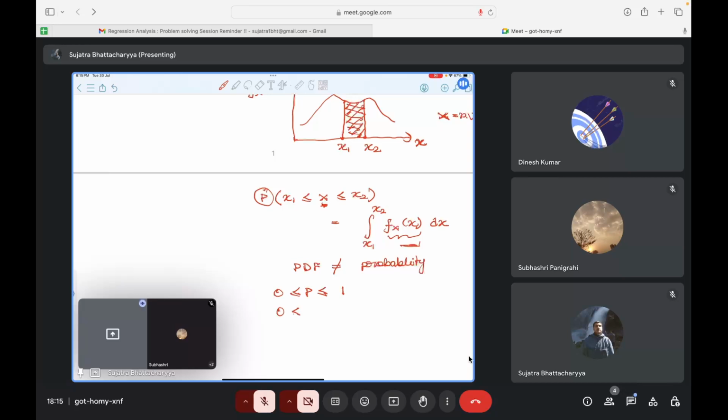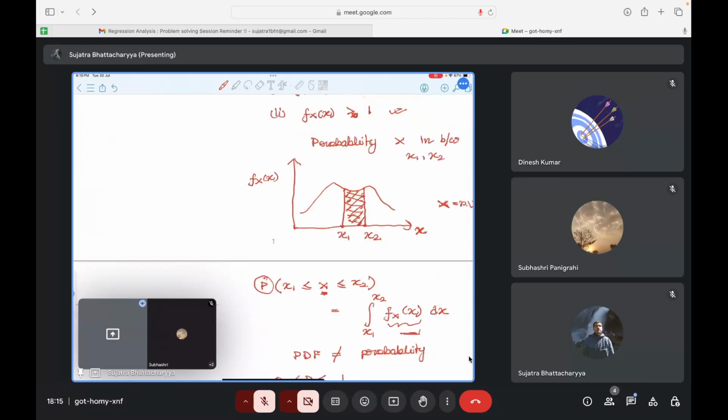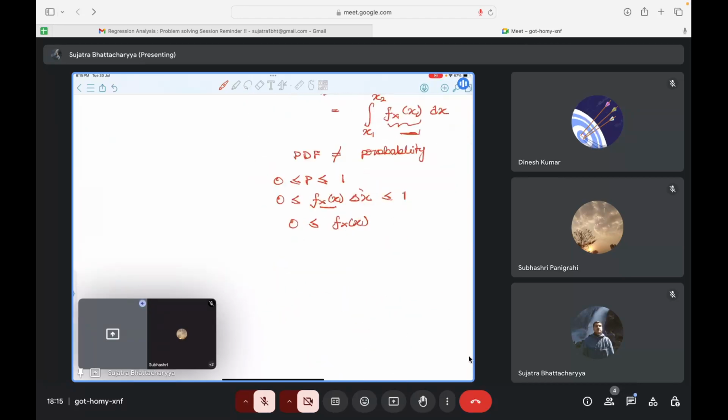Now if I replace this with f_X(x) times some delta x, look at what the values of f_X(x) will be. This will be 0, no doubt. But suppose this delta x is a very small number, like a decimal or fraction, then what will happen?